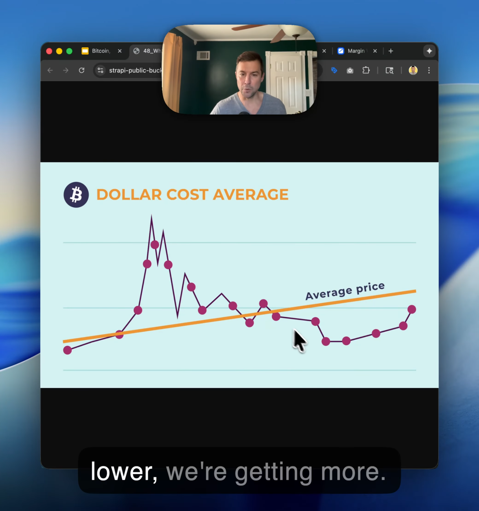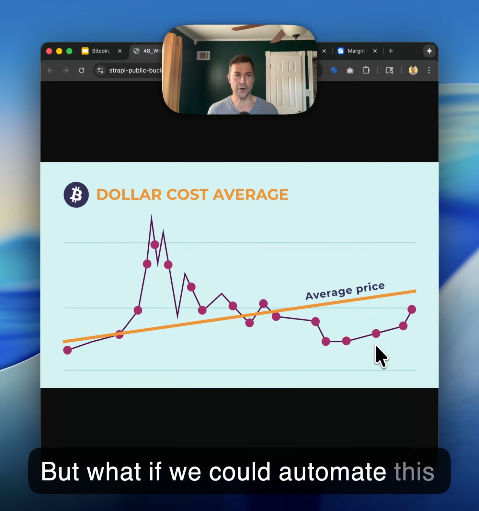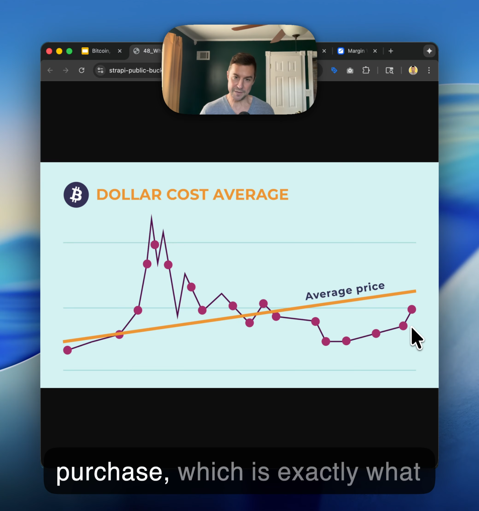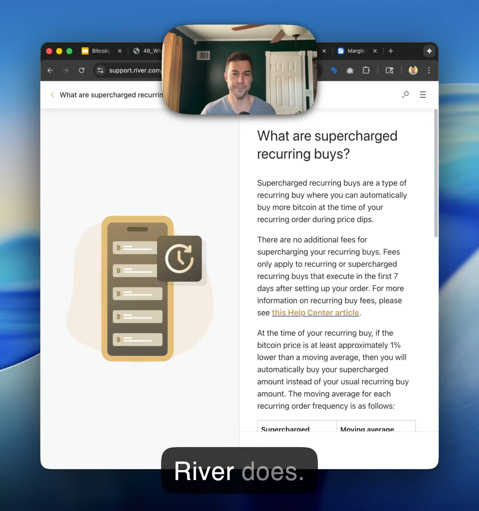And then when it's lower, we're getting more. But what if we could automate this or have a service that would juice it or turbocharge when it's lower? Here we would want to up our purchase, which is exactly what River does.